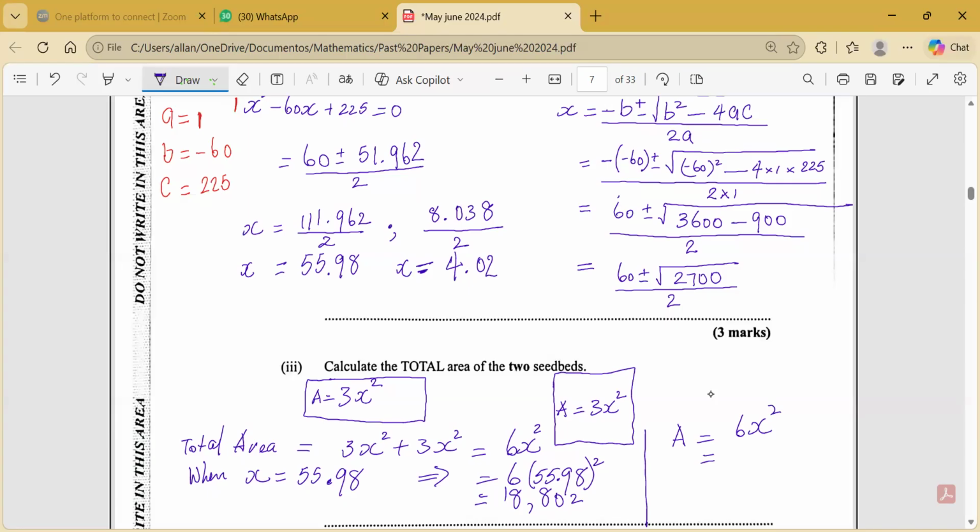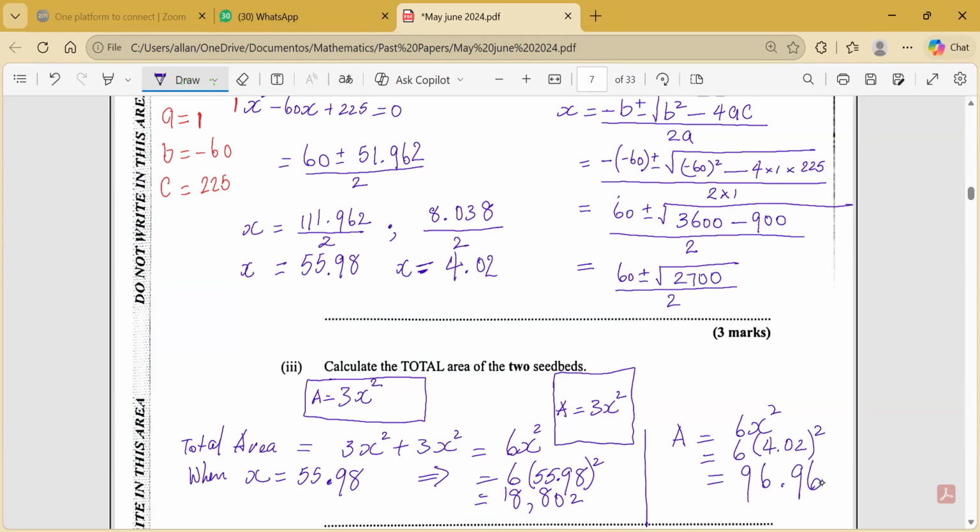When x is 4.02, so just work that out, 4.02 squared multiplied by 6, which will give me 96.96.